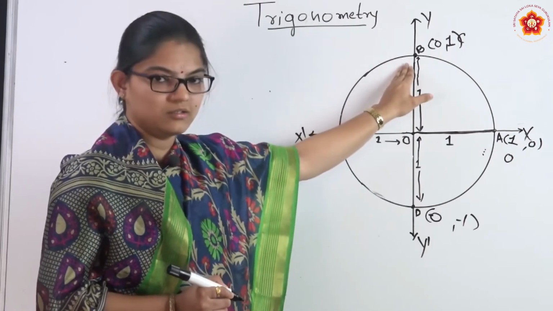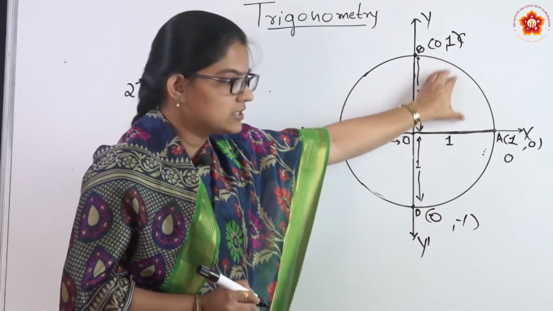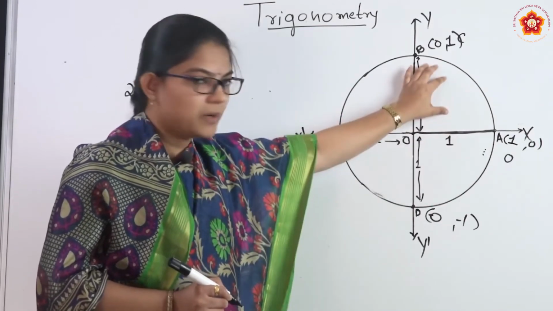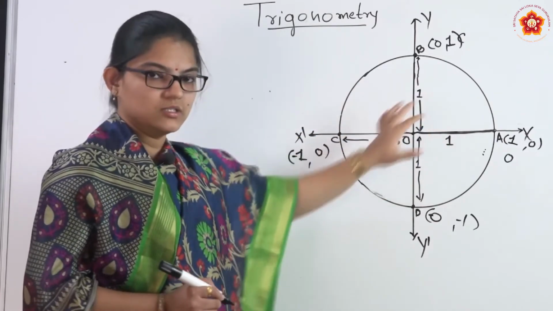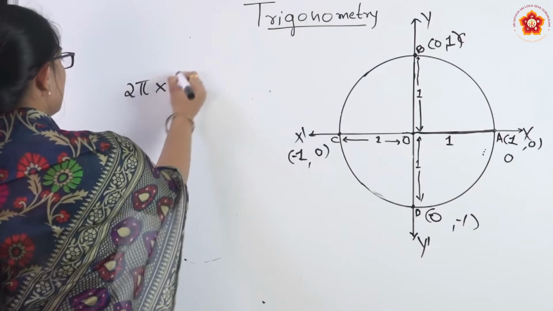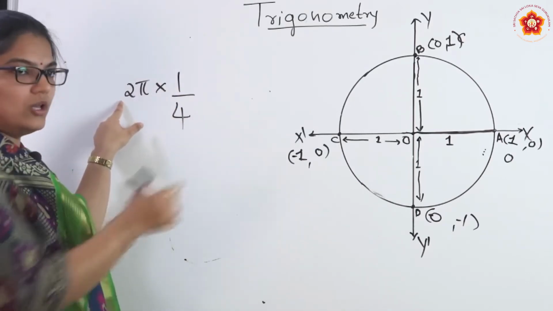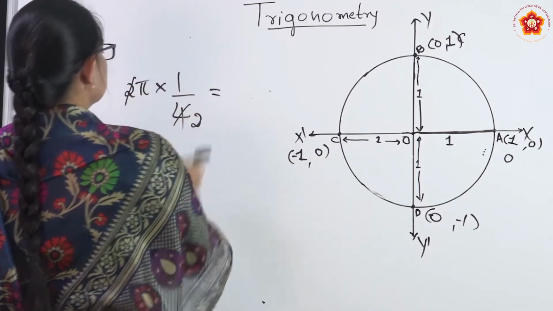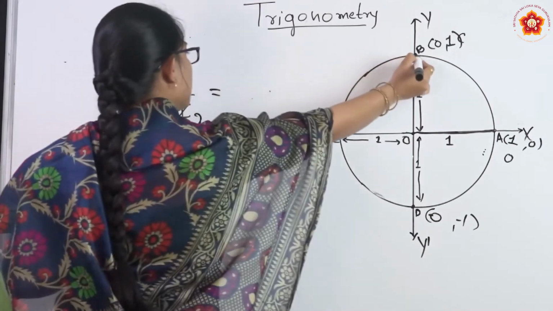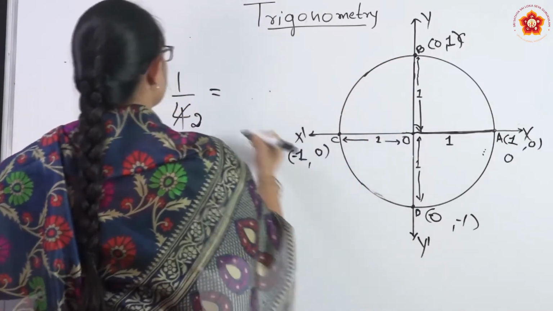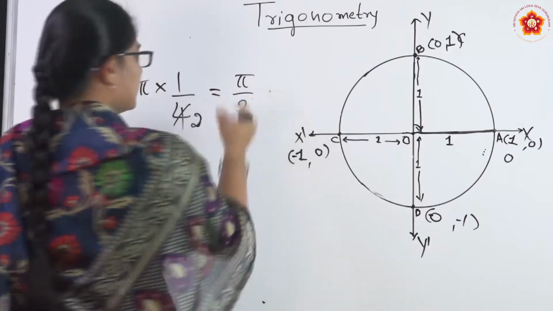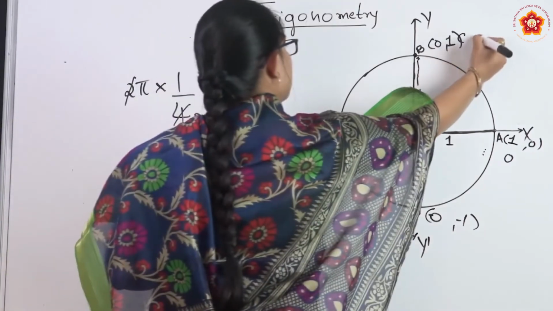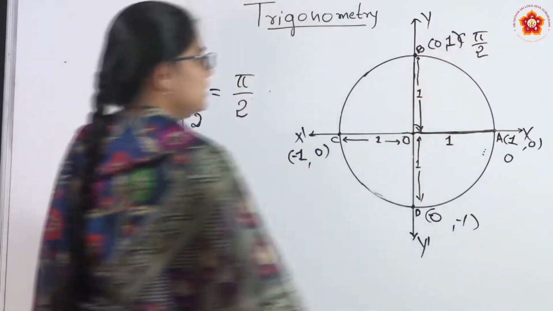So, what is the angle? It is nothing but one part of all the four parts. So, therefore you can say this is 1/4 of the whole 2 pi. So, you get the angle corresponding to this as pi by 2, correct? Is it clear? So, at B, we can consider the angle pi by 2.